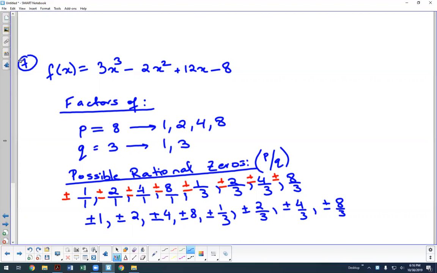So how many options are those? A lot. Specifically? 16. Yeah, because we had 8 of these, and then the positive and negative doubles them and makes them into 16.